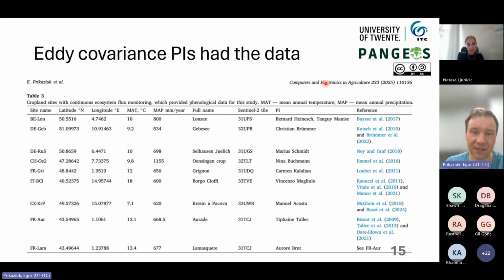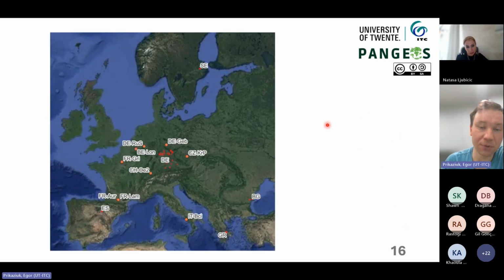In Europe, because the dataset is European, there are 9 eddy covariance towers of long observation that were functioning during the period when we were measuring. Every year there are more and more. So it's a big thank you to the PIs who provided us with the data of the start of the season, the sowing date and the harvesting date and the crop type that they were using.